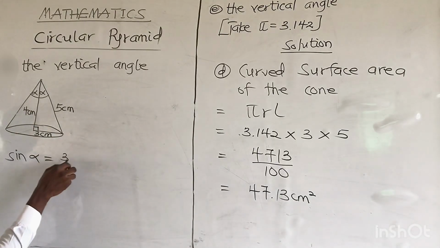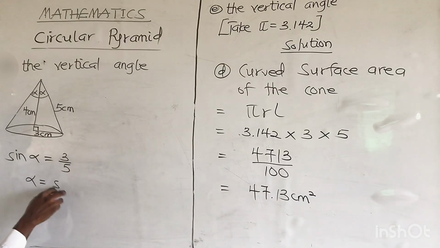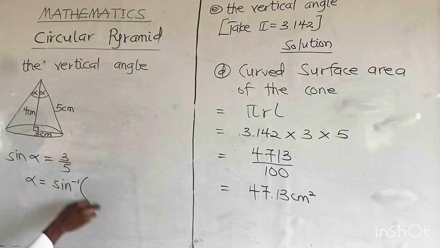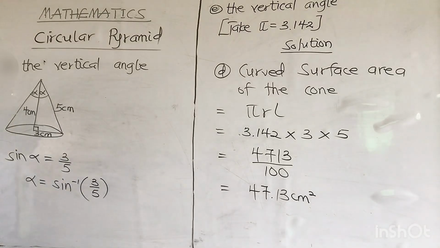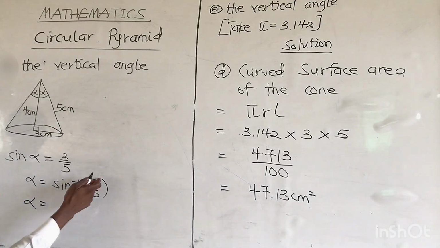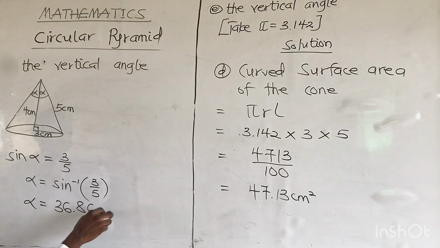So we have 3/5. So I have alpha to be equal to sine inverse of 3/5, we have 36.8699 degrees.